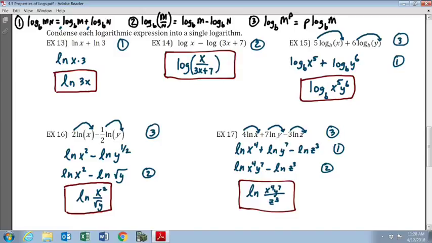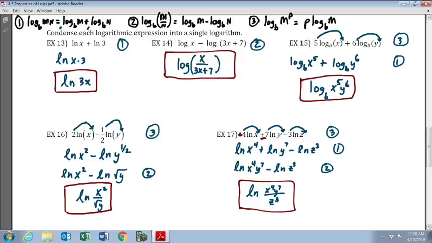There's a pattern, and if you notice this pattern, it'll make it easier when you're doing these logs. So notice here you have a positive first term, and that x to the 4th ends up in the numerator. You have a positive natural log of y to the 7th, and that y to the 7th ends up in the numerator.